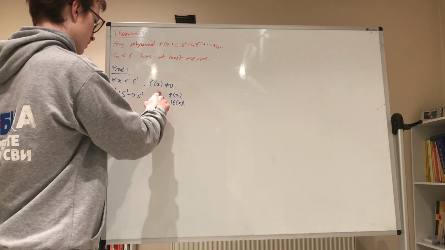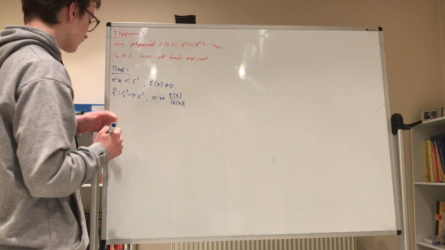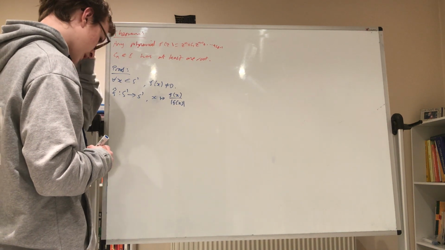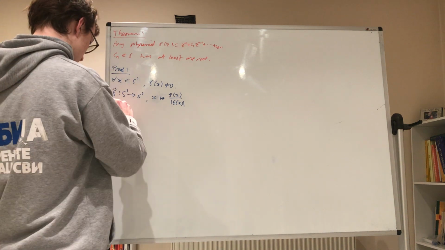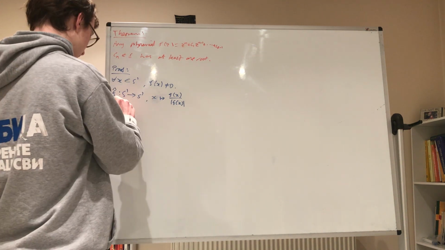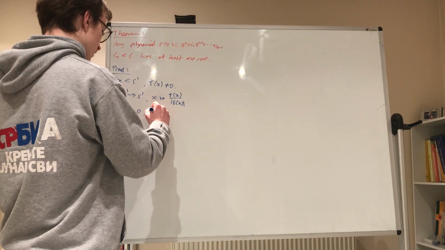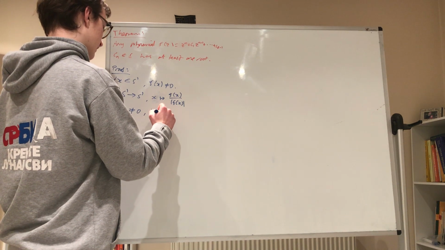So, let me just write this out more clearly. So firstly, what we're going to do is, let's assume that f of x is not equal to 0 when the magnitude of x is less than or equal to 1.